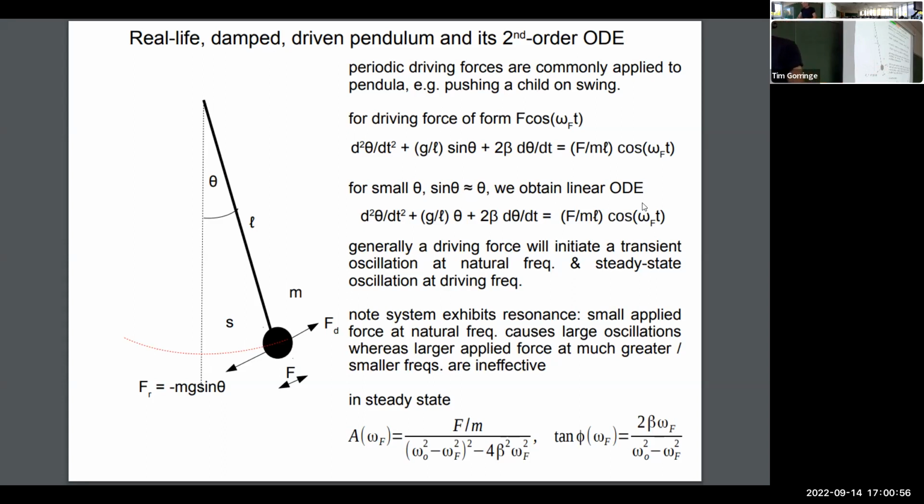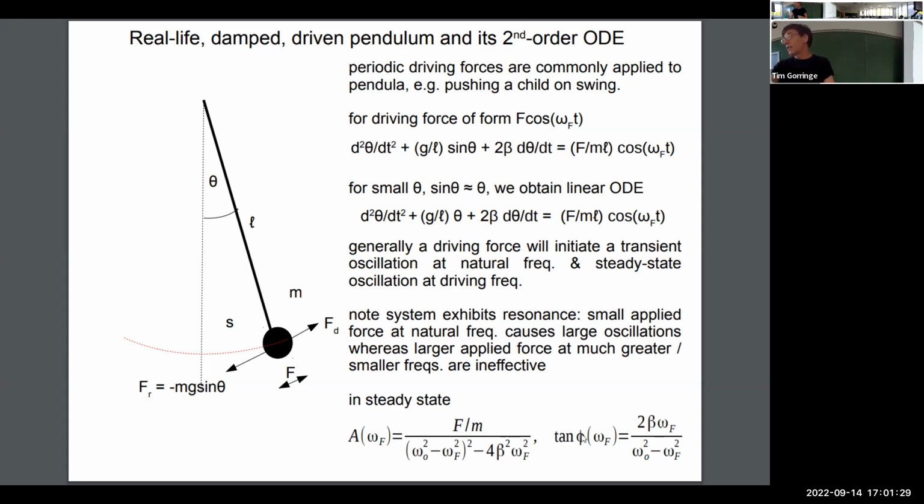I've written down here two equations. This is the amplitude once you get to that steady state, past the transients. This is the phase once you get to that steady state. This is the amplitude of the driven oscillations, and it depends on the driving force, the frequency of the driving force, and the natural frequency of the pendulum.